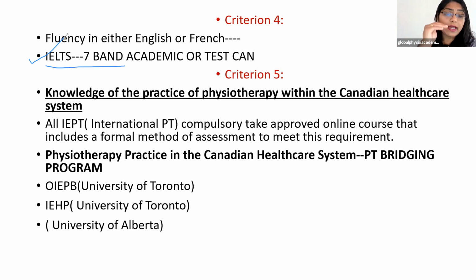Now, if they get the IELTS 7 band, they can use that band for their student visa, and the same band for the credential process. So with one arrow, they hit two targets. That is very important: you have to focus on your IELTS 7 band, and it is the important criterion for credentialing.